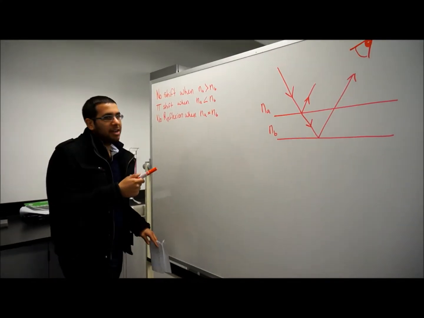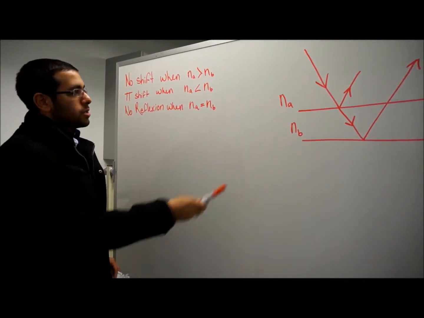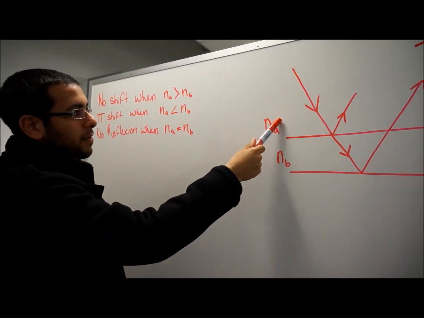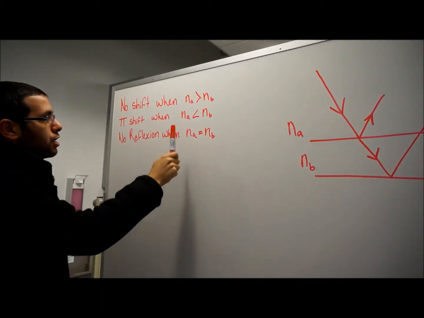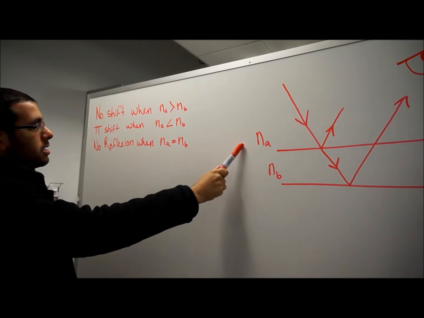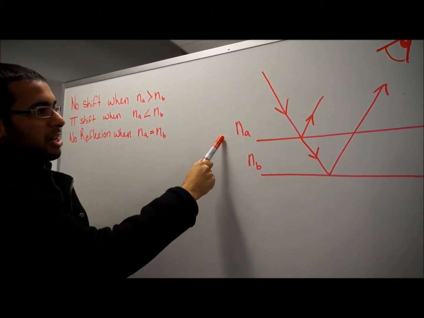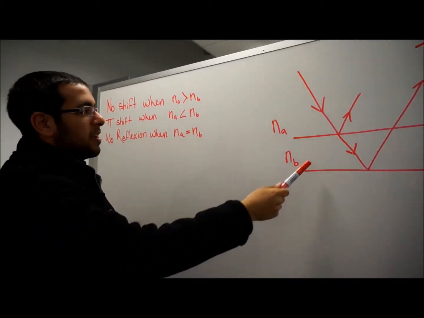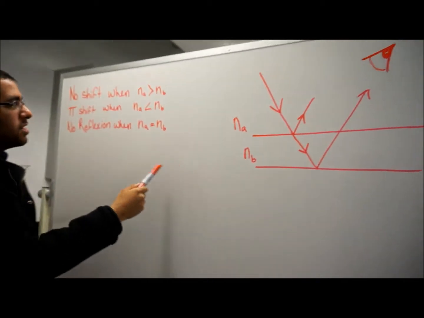So the first factor for thin film is phase shift upon reflection. When a light wave passes from one medium to another, if the index of refraction of the first medium is bigger than the second one, then there's not going to be any shift. But if the second one is bigger than the first one, then there's going to be a pi shift.